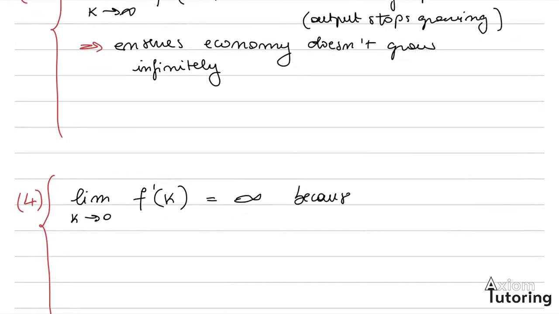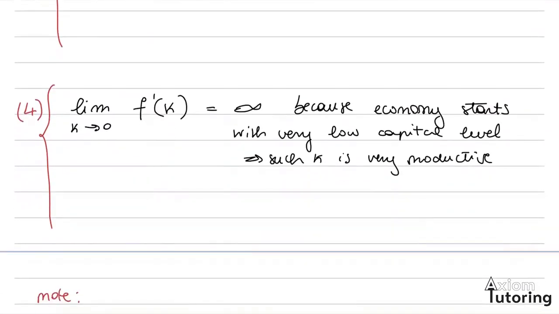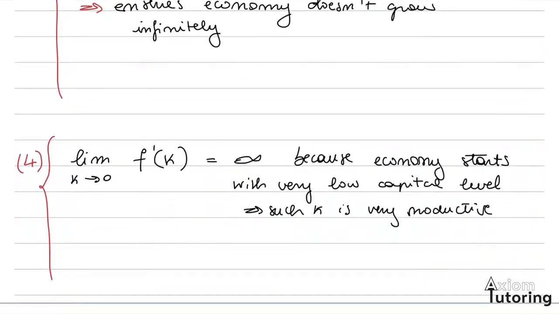Again, because an economy starts with very low capital levels, such capital is very productive. So here we are talking about the MPK, which is extremely high when capital is scarce, and this condition allows the economy to start to grow.